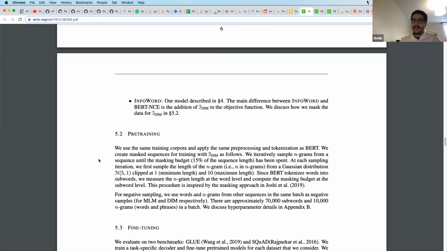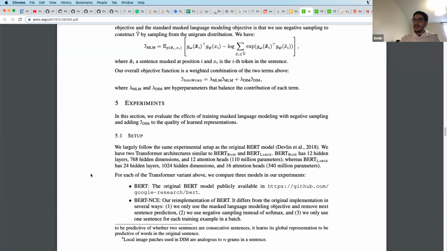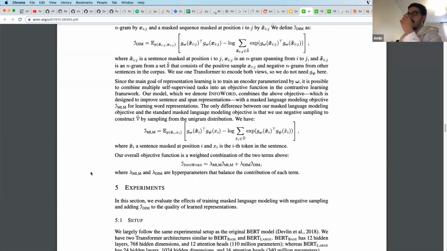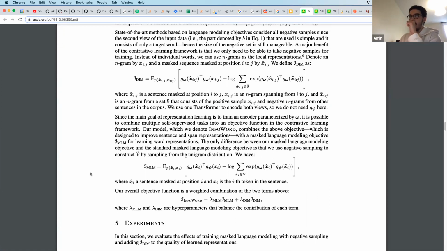The way that the training examples are generated is by, first of all, sampling the n in n-gram from a Gaussian, which on average will be 5. Then anytime you want to sample an n-gram from a sentence, you would iteratively do this until you reach 15% of the sentence length, which you would then mask. That's how the training examples are gotten in practice.